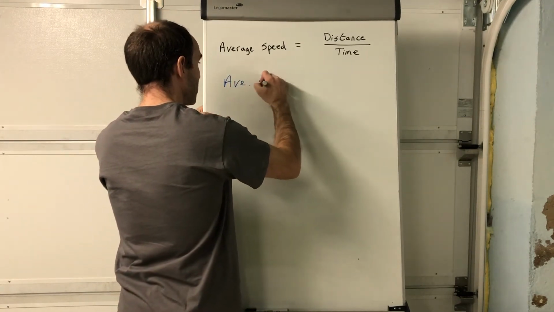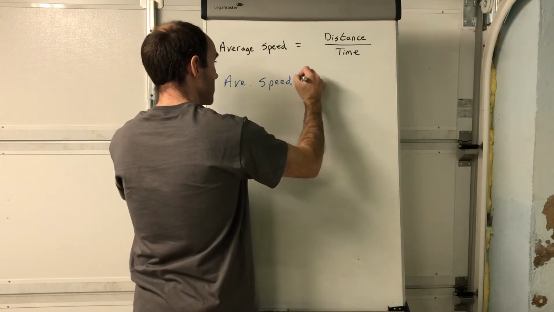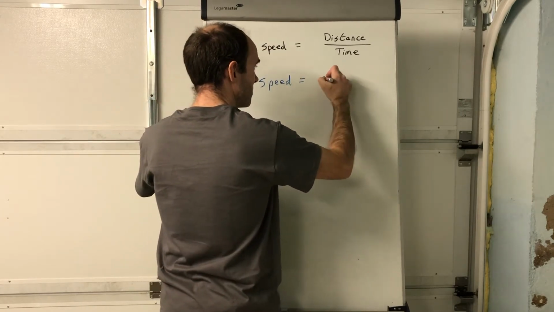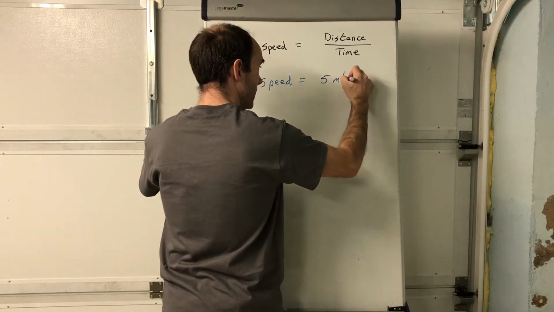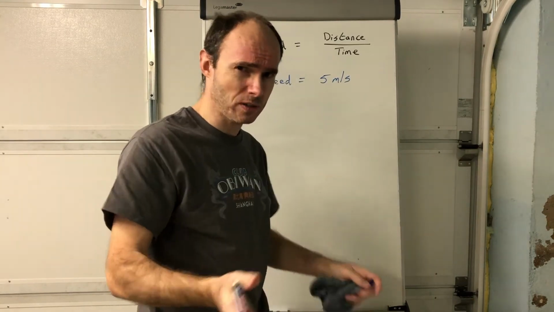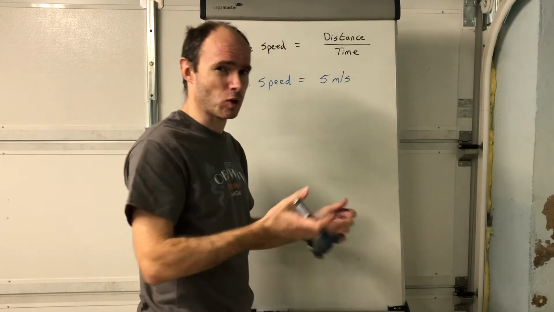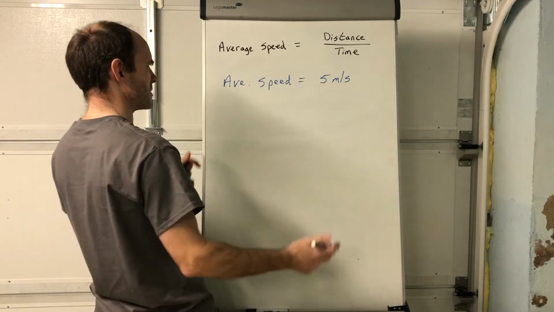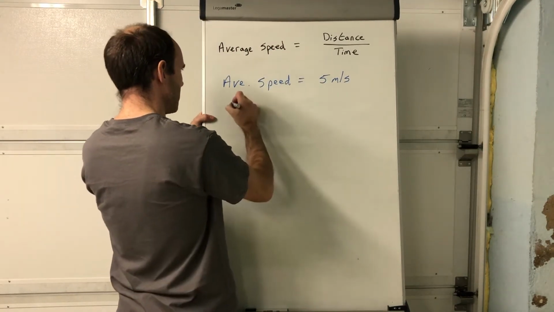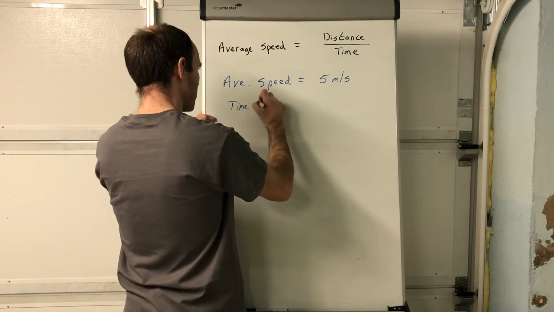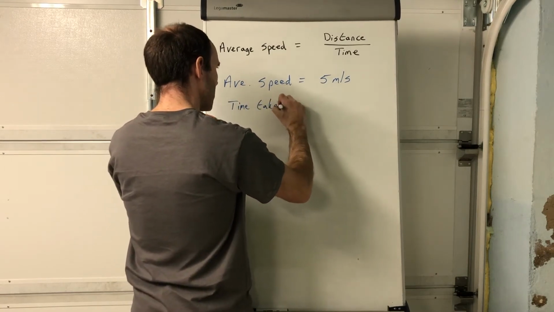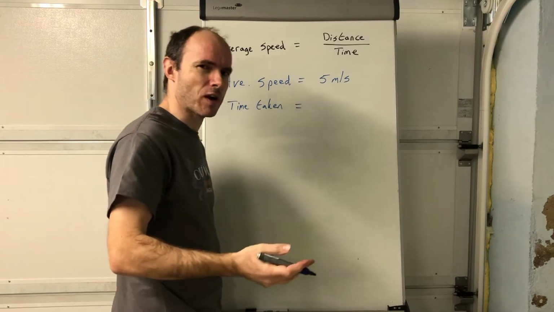This time I'm going to say that the average speed is, say, 5 meters per second, because we're talking about a runner possibly, or a jogger. I might consider it a normal jogging speed, whatever, it's 5 meters per second. And let's just say that the time taken is, let's suppose that they're out running for 1 hour.